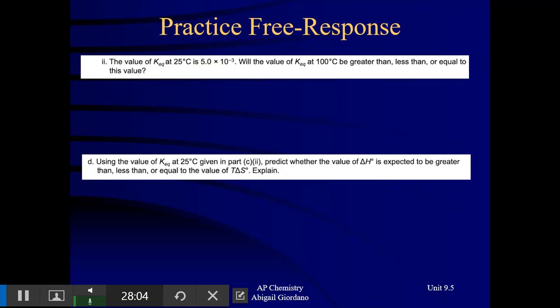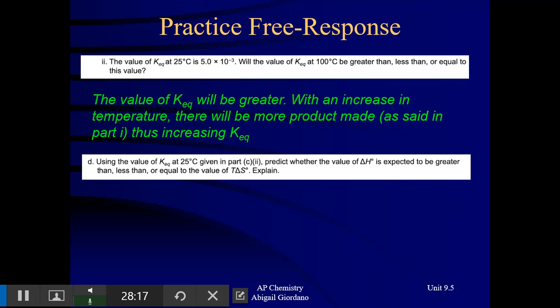If that's the case, and it's going to be shifting to the forward direction, we're going to be creating more and more product. Product is in the numerator when you're calculating K. So the value of this new K eq at 100 degrees will be greater. With an increase in temperature, there will be more product made. That's something we said in part 1, which will increase the equilibrium constant.